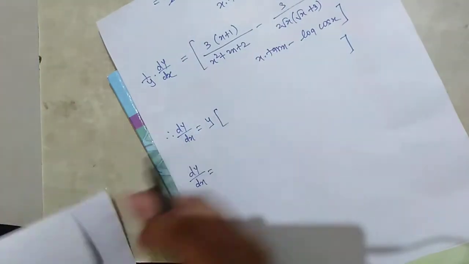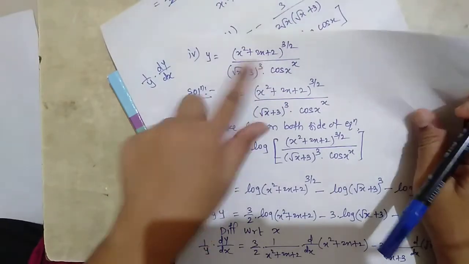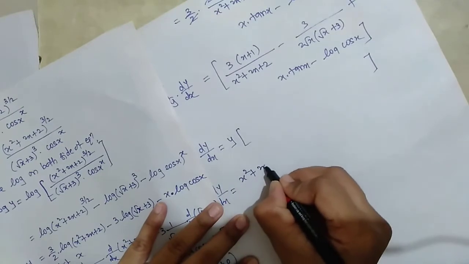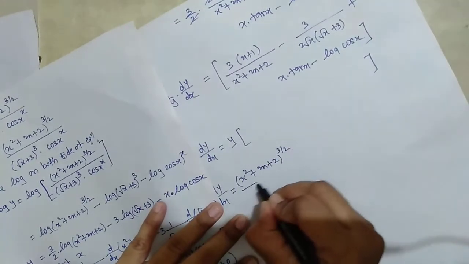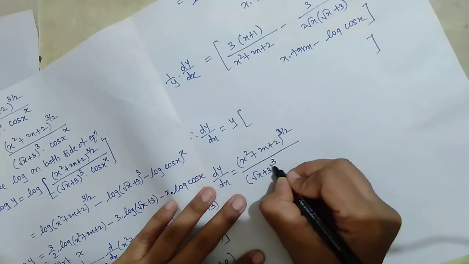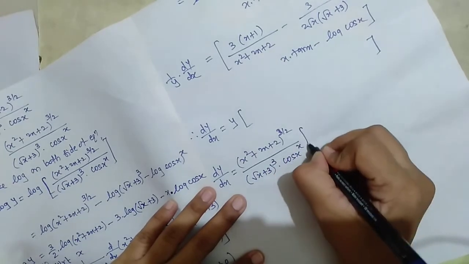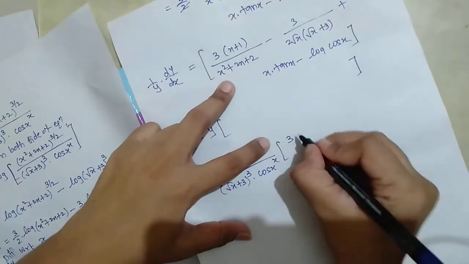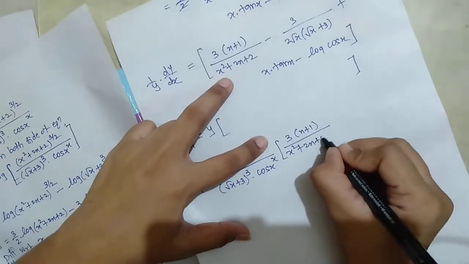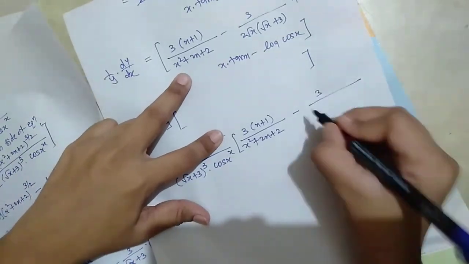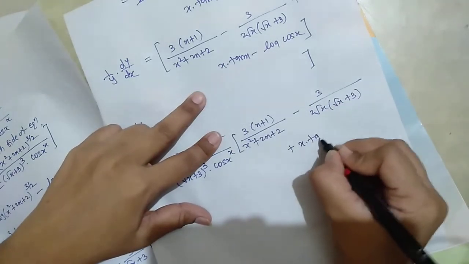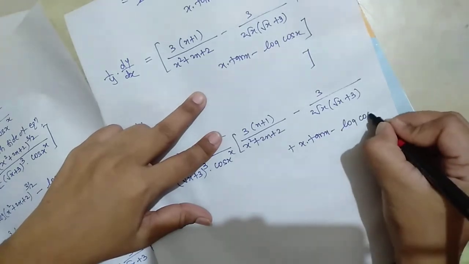It is the value given in the problem: x square plus 2x plus 2 raised to 3 by 2 divided by root x plus 3 whole cube, into cos x raised to x, into the bracket as it is: 3 into x plus 1 over x square plus 2x plus 2, minus 3 divided by 2 root x plus 3, plus x into tan x minus log of cos x.